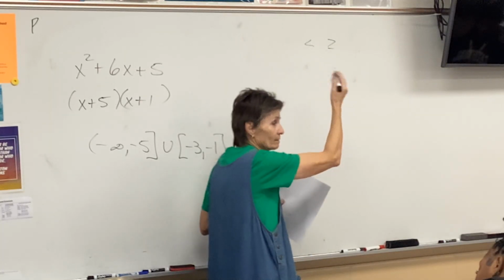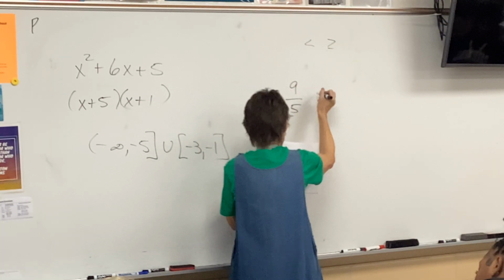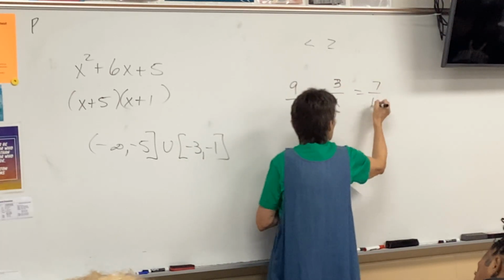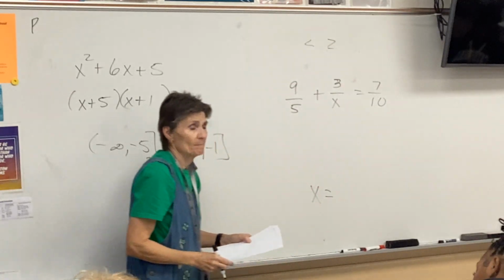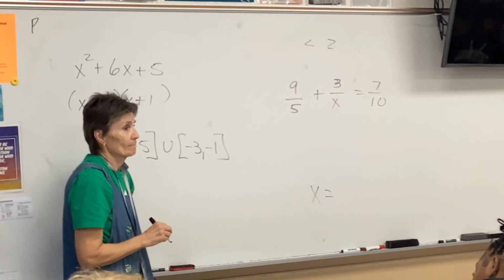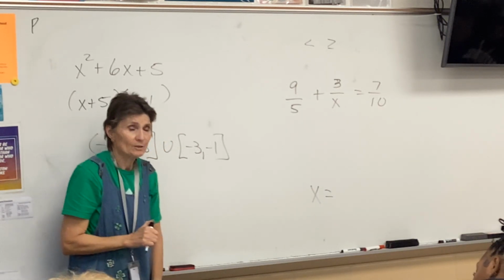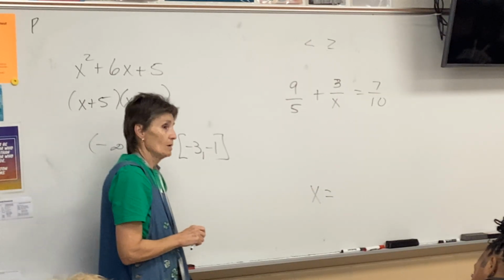Those are number line symbols. This one, we're just going to solve, and the answer is going to be x equals something. So take a look at it, think for a moment, what do we need to do? Are the denominators all the same?